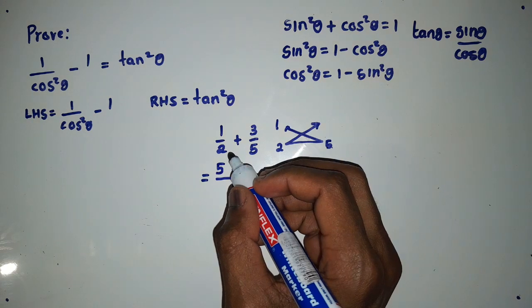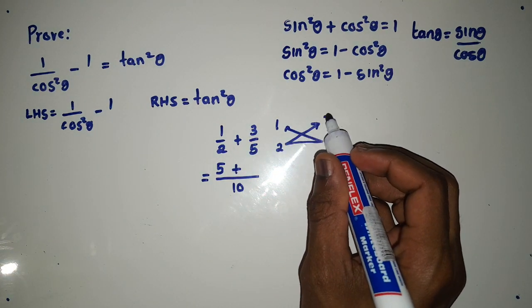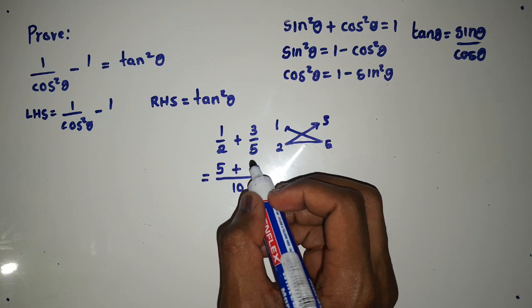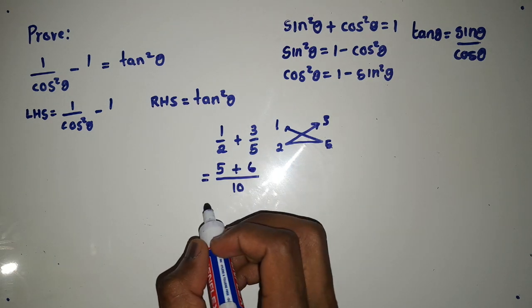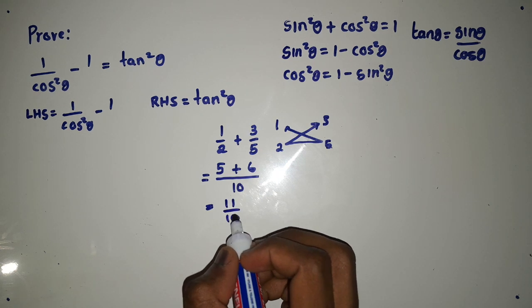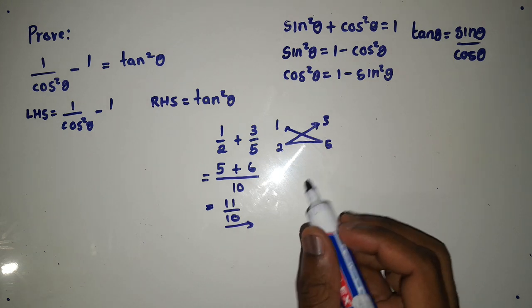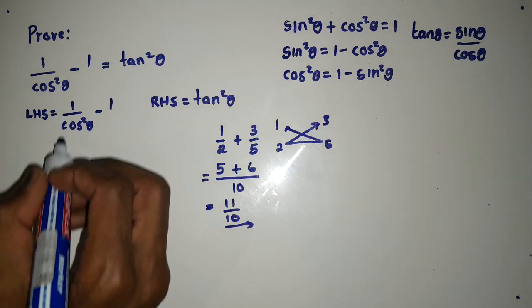Then 2 multiplied by 3, we get 6. Then 6 plus 5, we get 11 over 10. Let us try to apply this concept on this one.